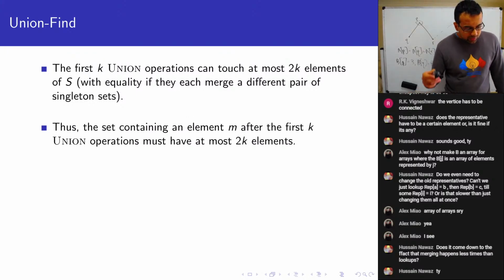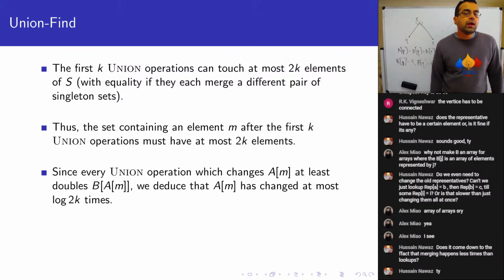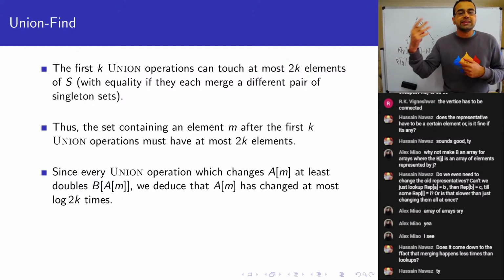So, after the first k union operations, the set containing m is either a singleton set or it has at most 2k many things in it, right? Because only 2k of those elements were involved in the first k unions. But remember, how many times can m's label have changed? M's label was originally m itself, and then after doing some union operations, it may have changed, but every time that m's label changed, b of a of m at least doubled.